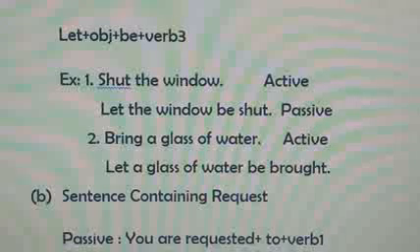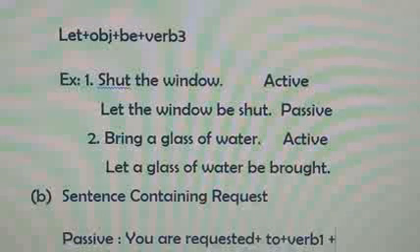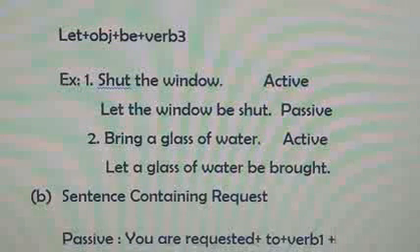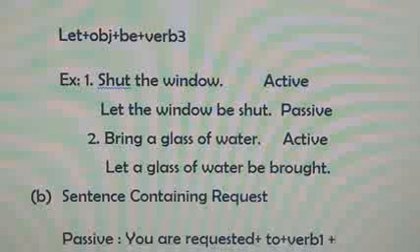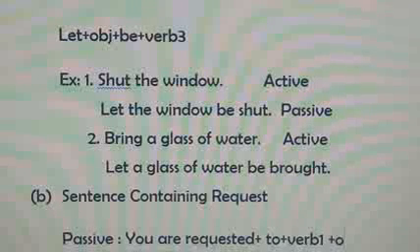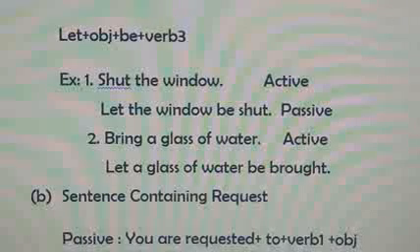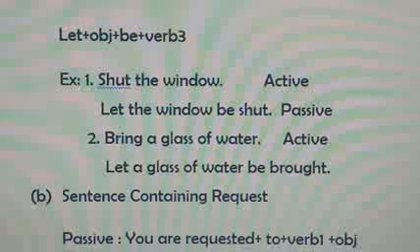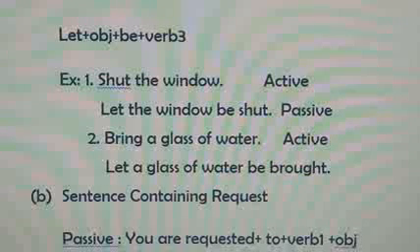And then after, my dear student, we can also add the doer, or you can write object also over here. Let's write object. Okay, and let's see an example.